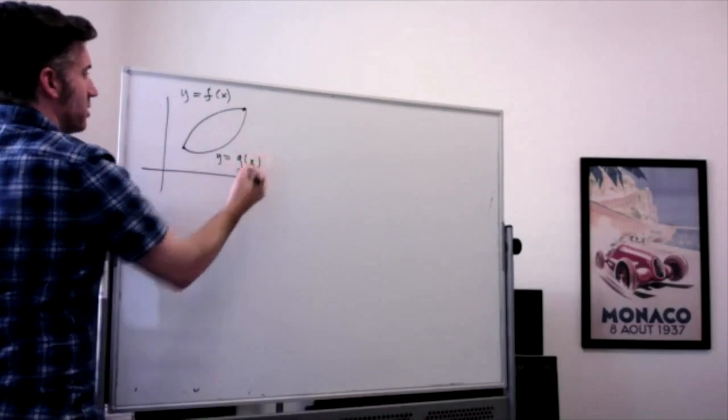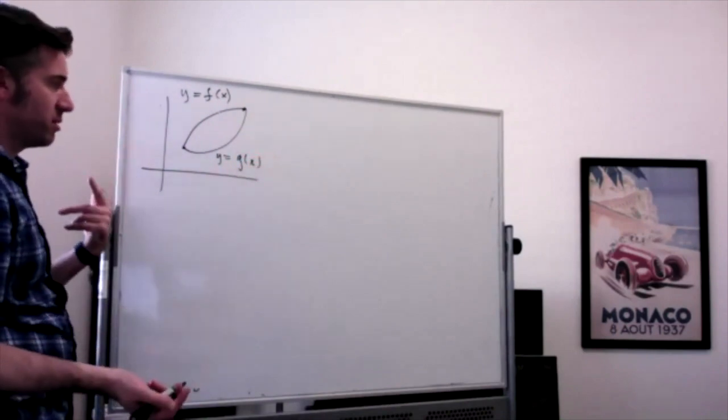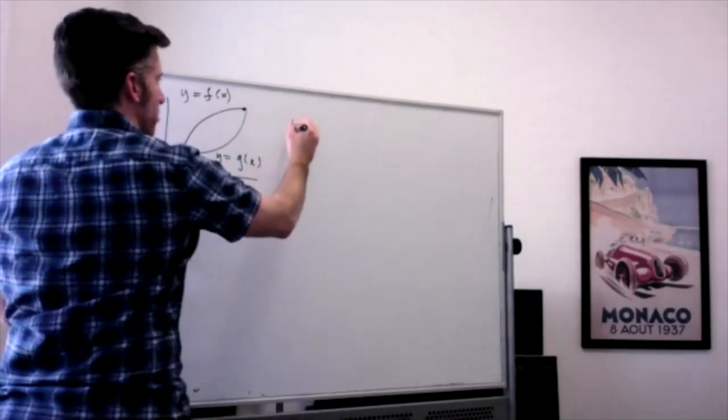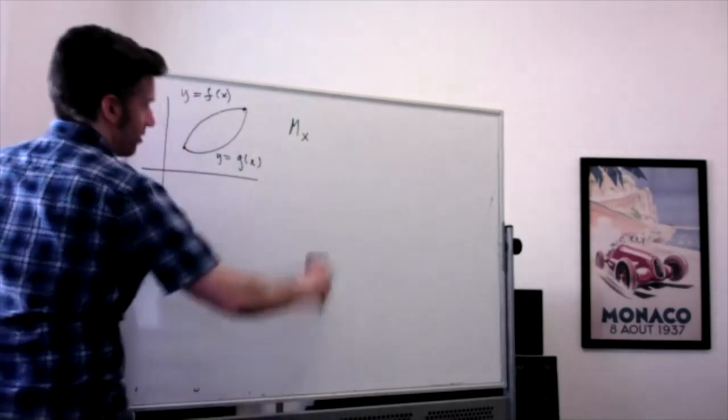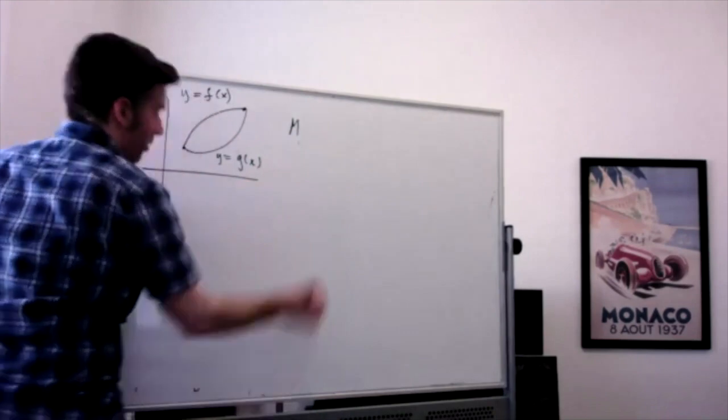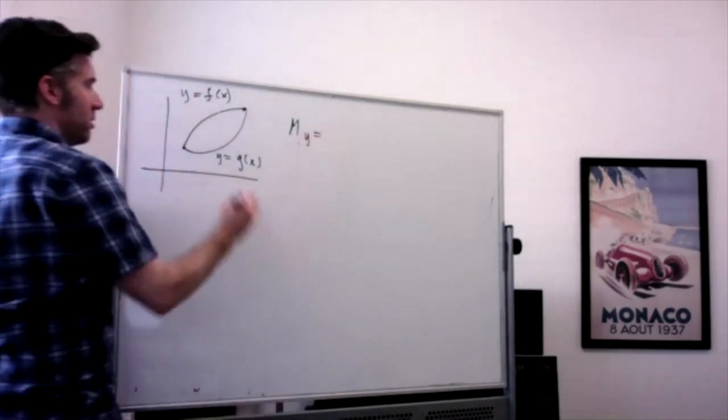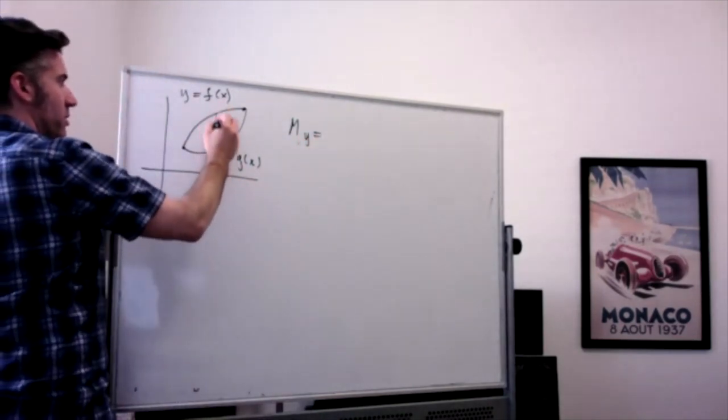Okay. So if I want to find the moments here, the moment around the x-axis is the one I don't want to do first. The moment around the y-axis is the easy one. I'm using a vertical strip.